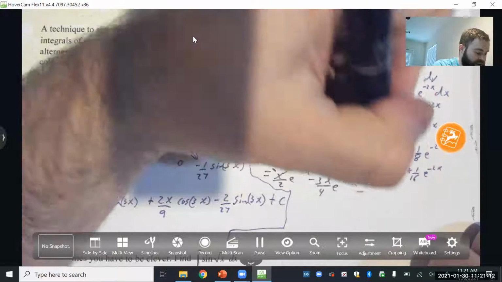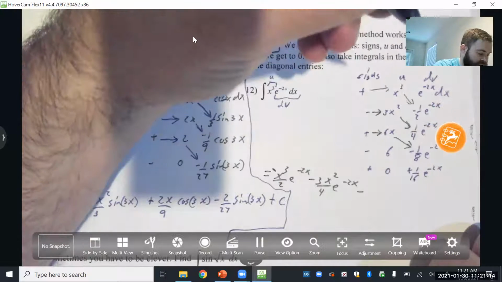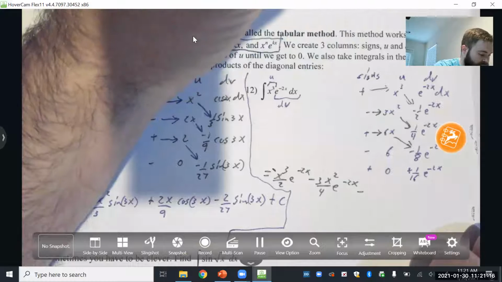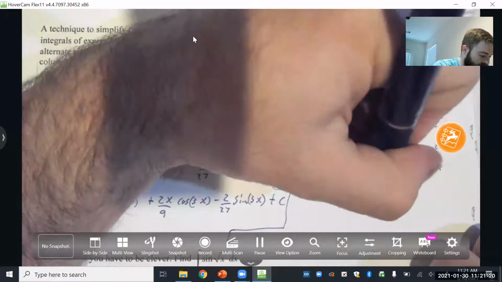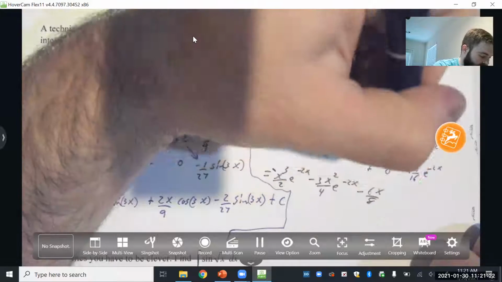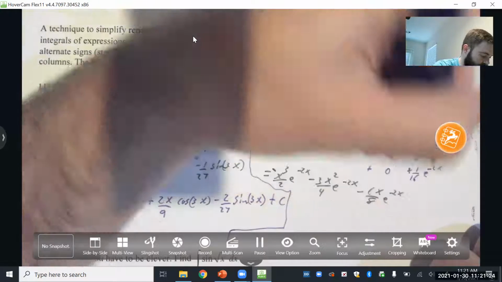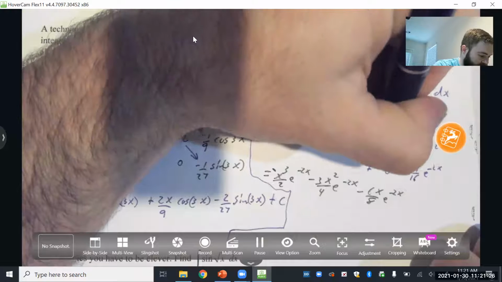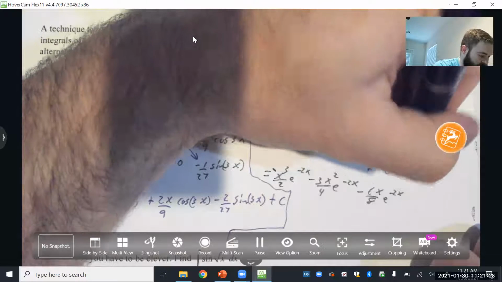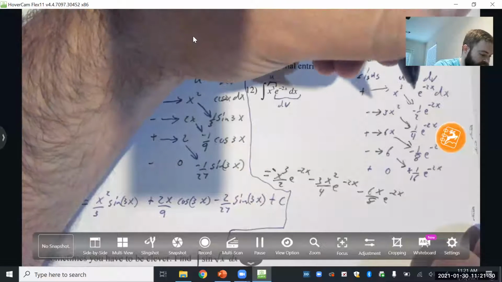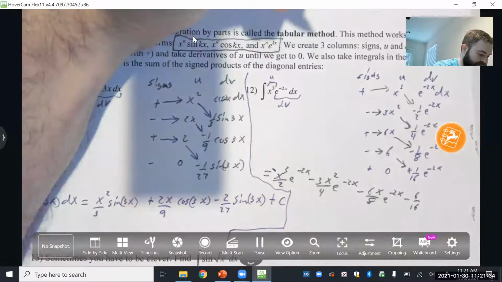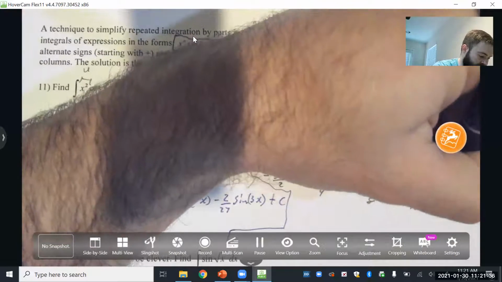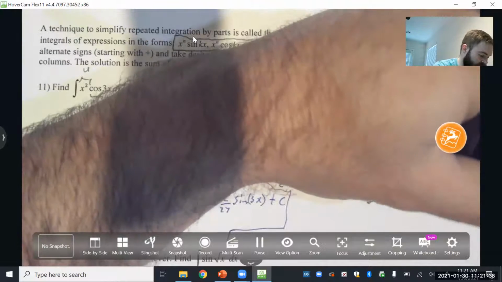So that'll be a negative 6x over 8 e to the negative 2x. Then start with the sign, go straight across, diagonal down. It'll be negative 6 over 16 e to the negative 2x. And lastly, the plus c.